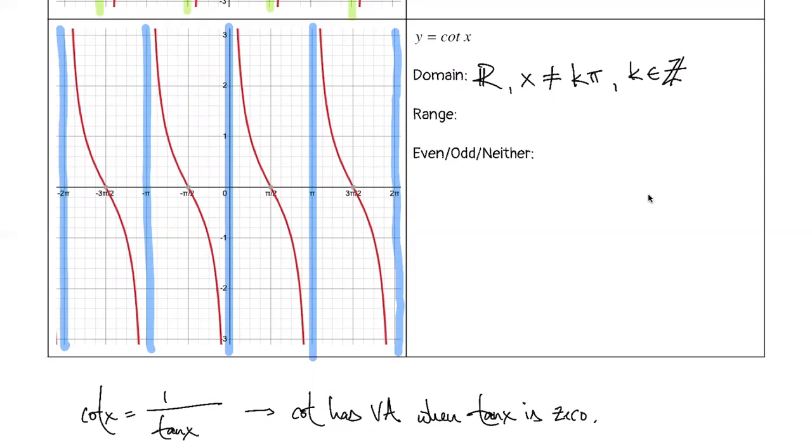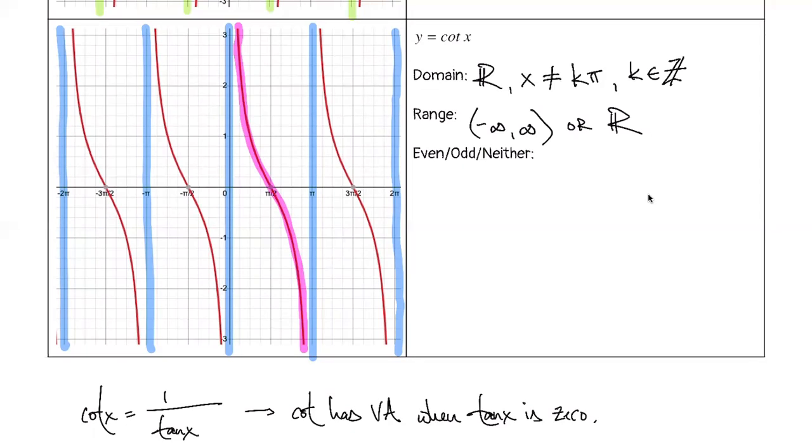And if we think about the range, well, these curves go all the way up and all the way down. There's no pieces that are missing along the y values, right? If I pick this middle one and trace it, it goes all the way from top to bottom without skipping anything. So we can say from negative infinity to infinity, or all real numbers, okay?